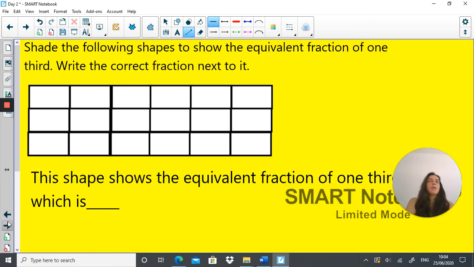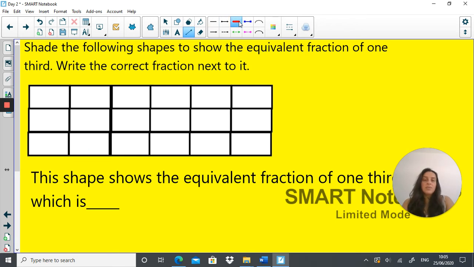Now I want you to try this one by yourself. Shade the following shape to show the equivalent fraction of 1/3 and then write the fraction next to it. So there are 18 boxes. 1, 2, 3, 4, 5, 6, 7, 8, 9, 10, 11, 12, 13, 14, 15, 16, 17, 18.